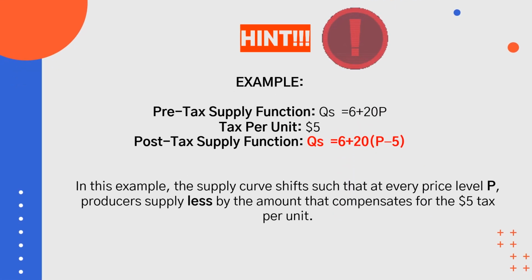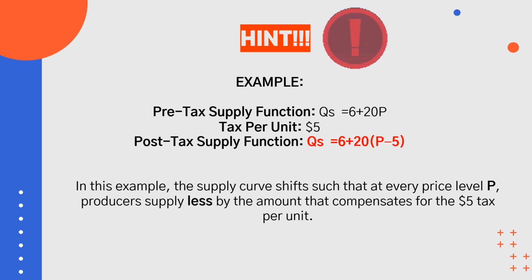So the supply function was 6 plus 20p, just an example, it's not our case, and there is a tax of $5, so it works for every unit of production by the supplier. So we need to utilize the brackets, it's very important.